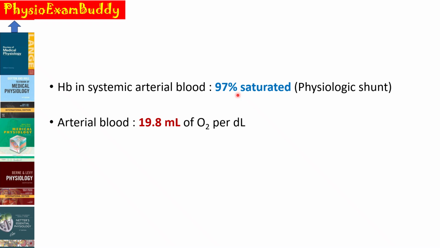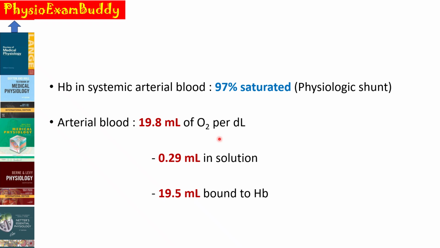We have seen that if the blood is 100% saturated, then the oxygen carrying capacity is 20.1 ml. But as the systemic arterial blood is only 97% saturated, only 19.8 ml of oxygen will be carried bound to hemoglobin per deciliter of the blood.